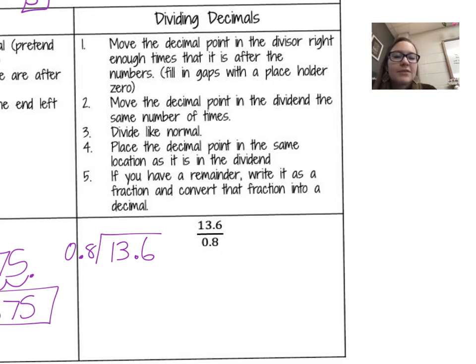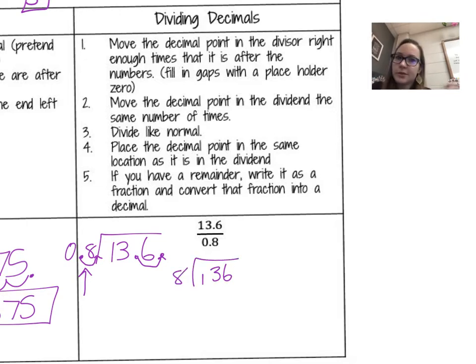So I have to move this decimal point enough times so that it's after all of my numbers. So I need to move it once. What I do on the outside, I need to do on the inside. So it's going to go there now. So now it looks like 136 divided by 8.